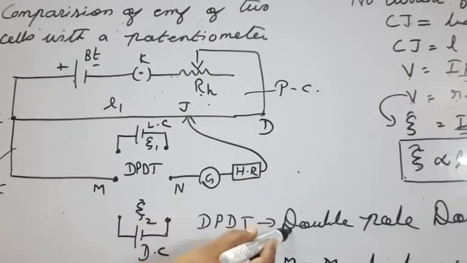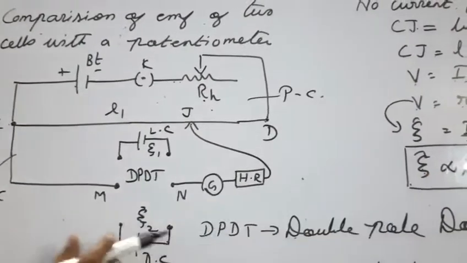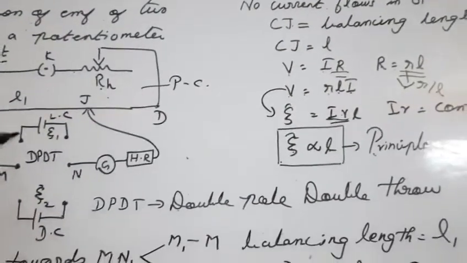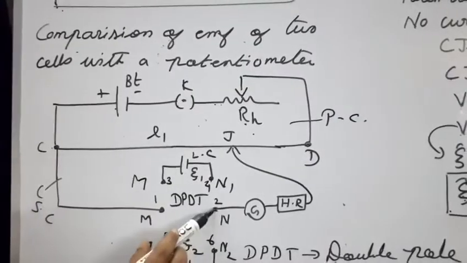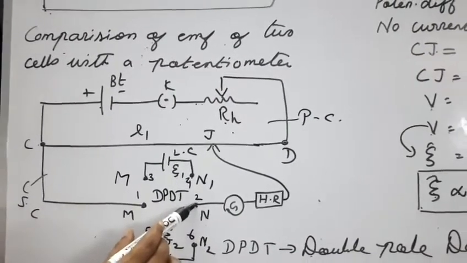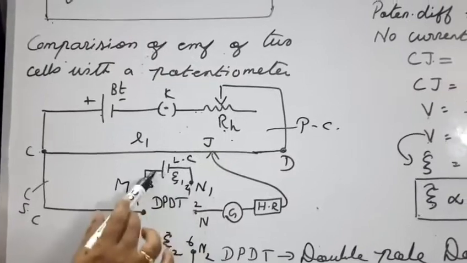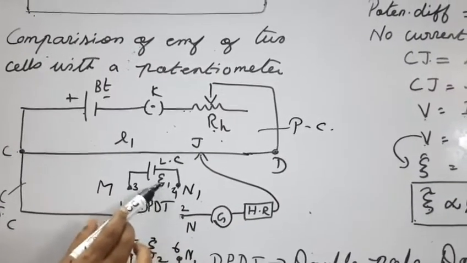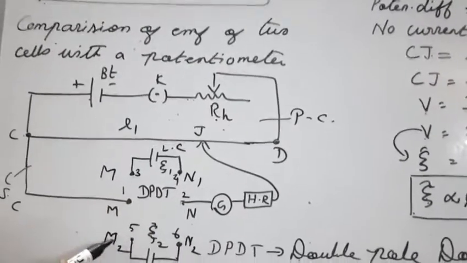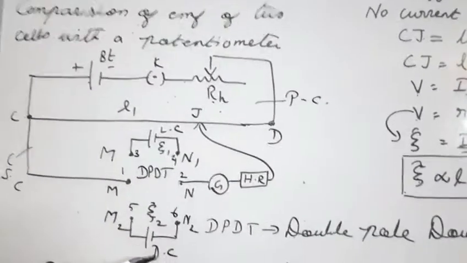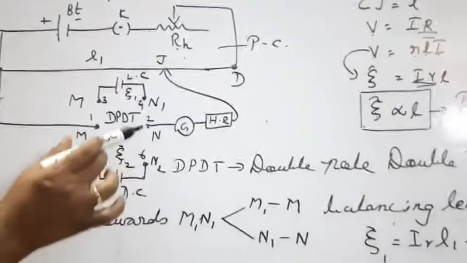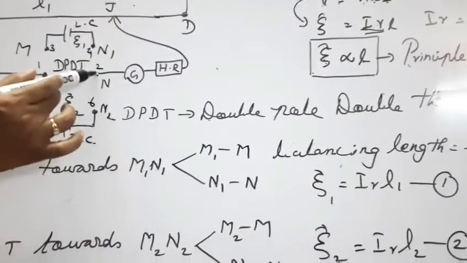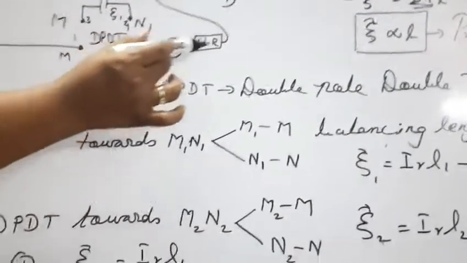DPDT means double pole double throw switch, and here there are 6 terminals. C is connected to terminal M and the opposite side is N terminal, and this is M1 N1. In between one Leclanche cell is connected, the EMF is E1, and on the downside M2 N2, the EMF is E2, and here a Daniell cell is connected. To the N side we connect one galvanometer with high resistance and jockey.